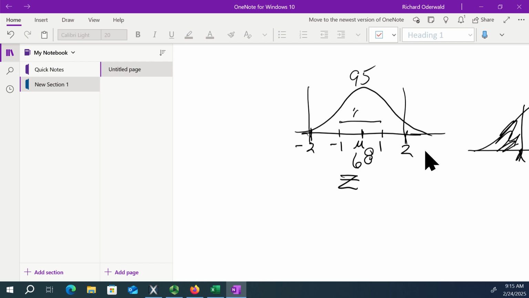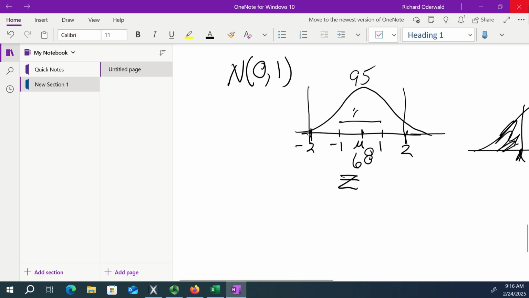And in the normal distribution, everything is measured in standard deviations. So this is a normal 0, 1, which means it's got a mean of 0 and a standard deviation of 1. So if I go 1 down, I get minus 1.